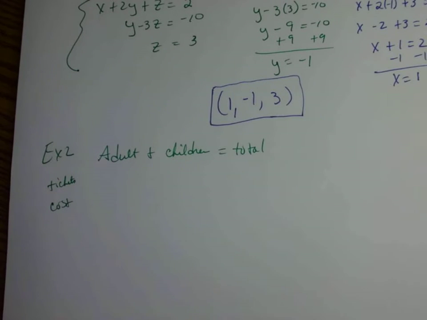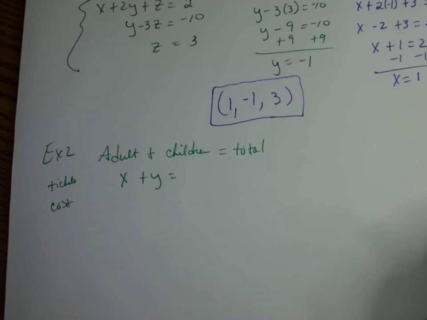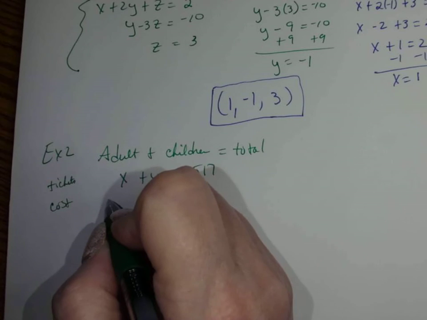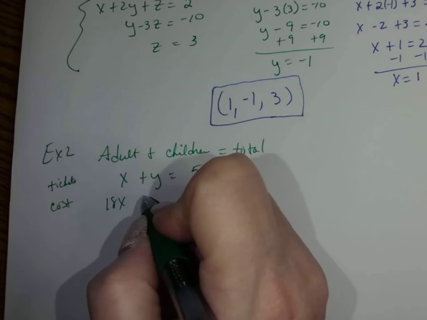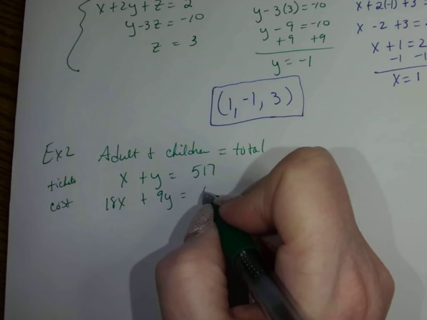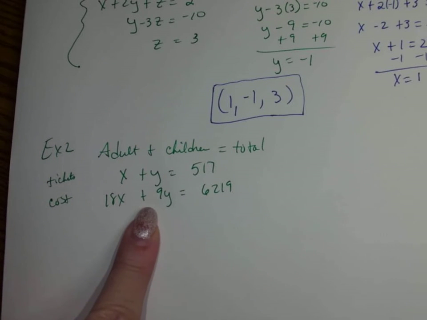You can use any variable you want. I typically use x and y because those are the ones students feel most comfortable with. So x plus y equals the total number of tickets, which was 517. And the cost was 18 for adults and 9 for children, which will get us the total proceeds that they gained. So this is our system.